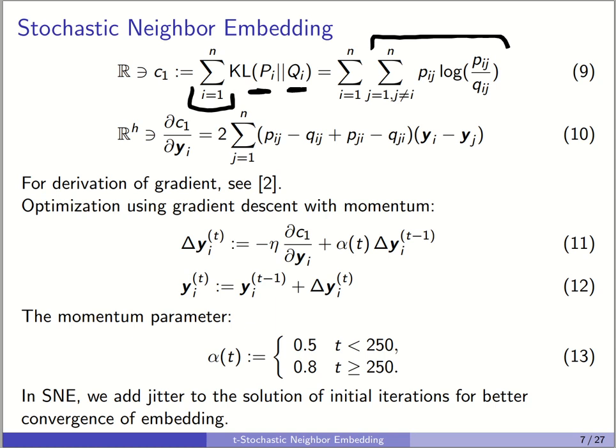So this is C1, we call it C1, and this is a scalar also. And we take the derivative of C1 with respect to yi. Yi is a vector, the embedding of xi is a vector which is h-dimensional. So this derivative is also h-dimensional. And why?